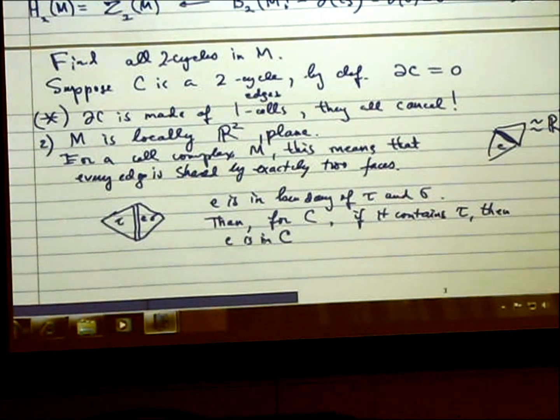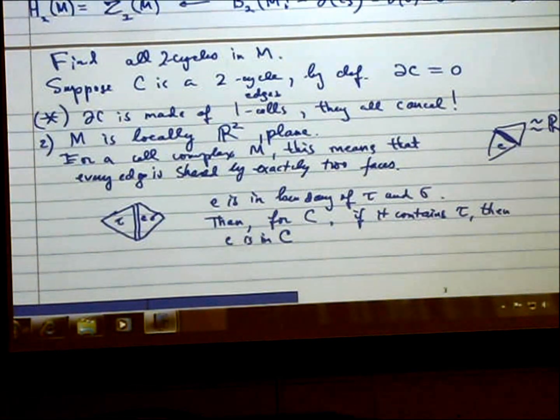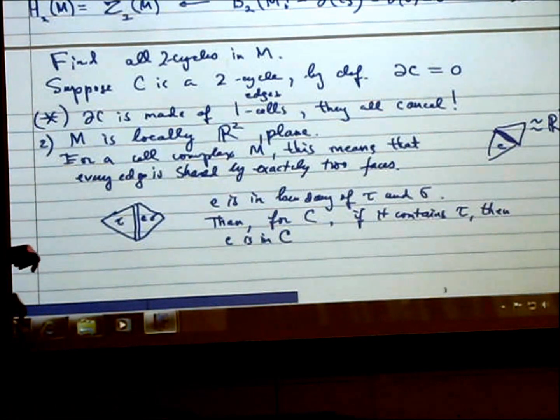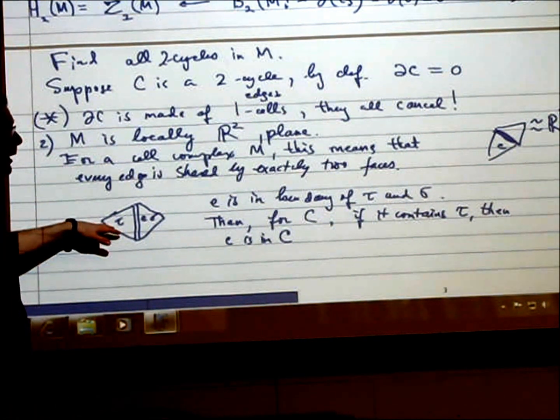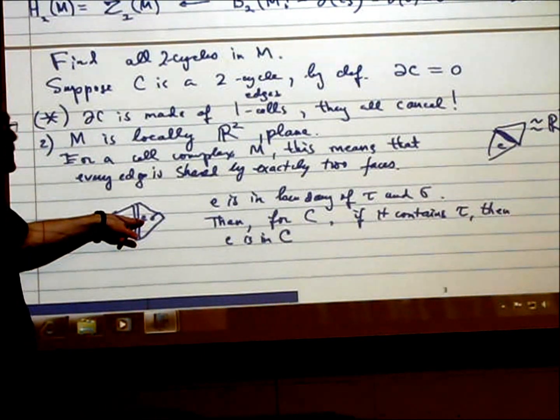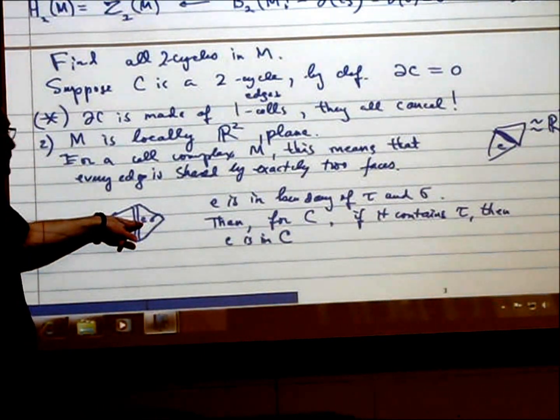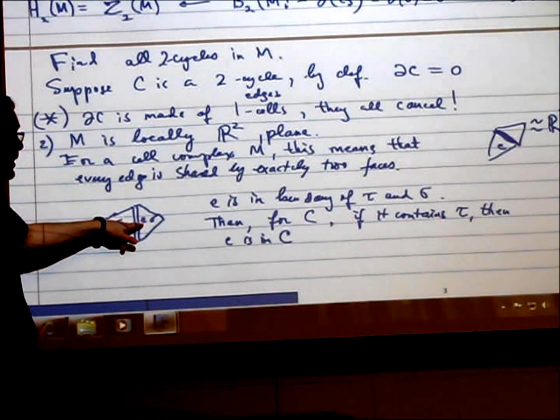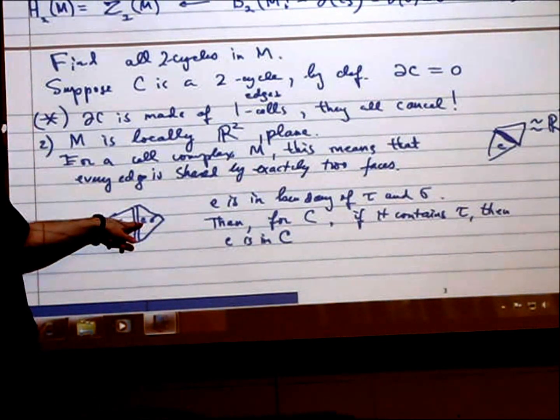E is in C, but E has to be canceled. It's part of the cycle. We already know that. Well, suppose C is equal to tau. Then its boundary will contain E. Is tau a cycle?